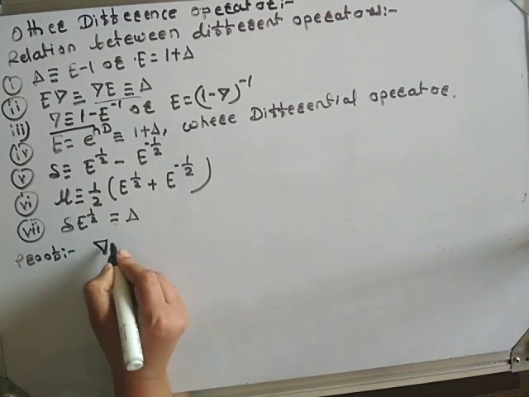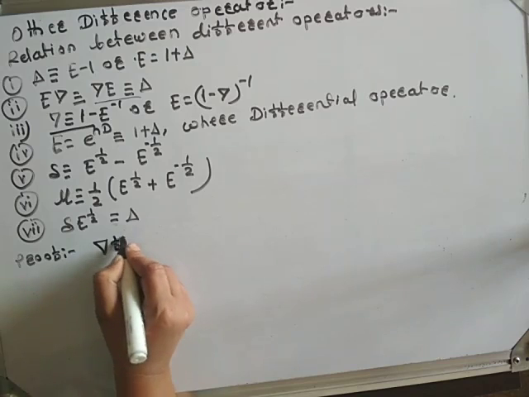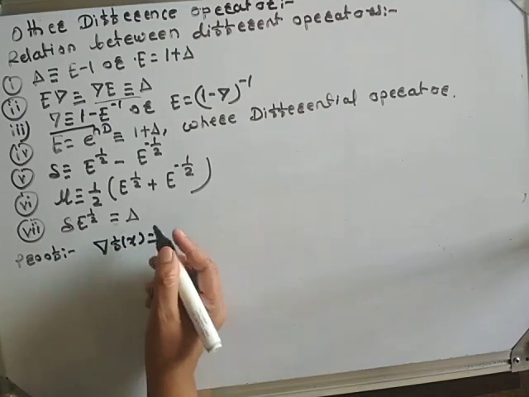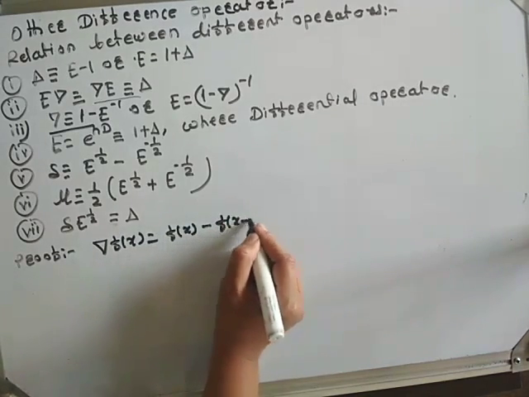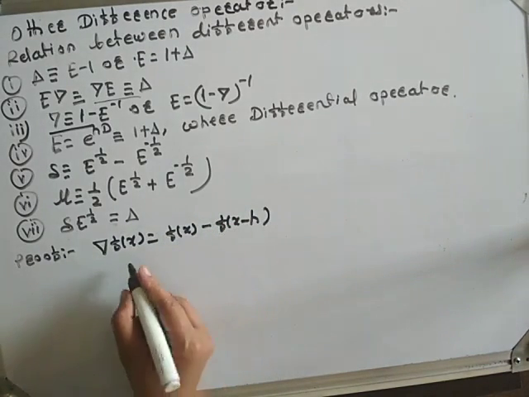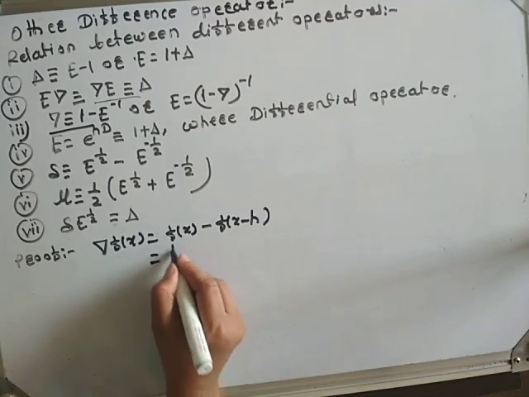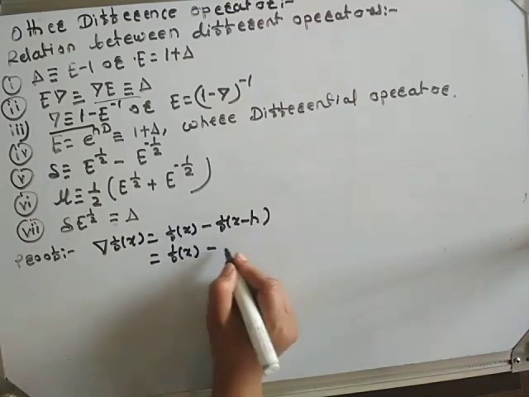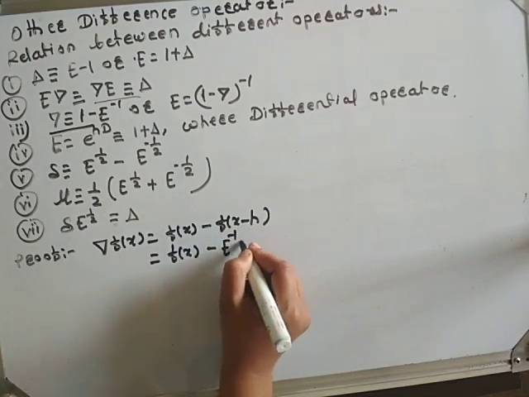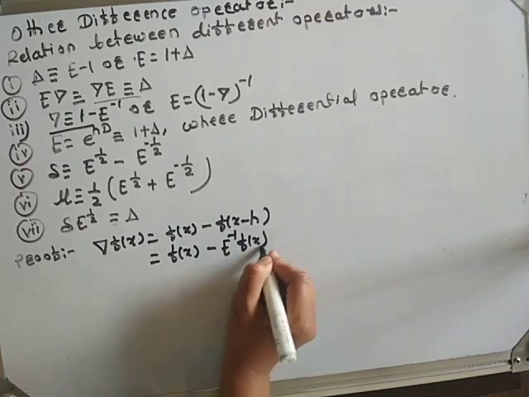We have del of f of x is equal to f of x minus f of x minus h, which is equal to f of x minus, this is the E inverse of f of x.